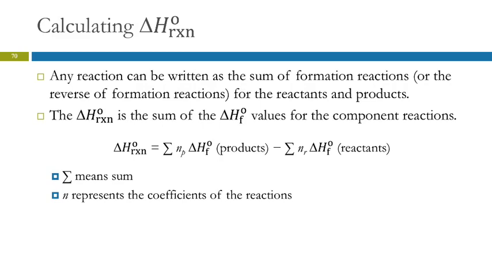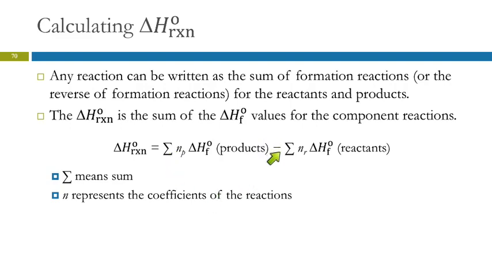So what we can do is we can say that the heat of formation for a reaction is we take the heats of formation of the products. So we're making the products from the elements in their standard states. So we look up the heat of formation for each of the products. We multiply by whatever coefficient is in the balanced chemical equation.